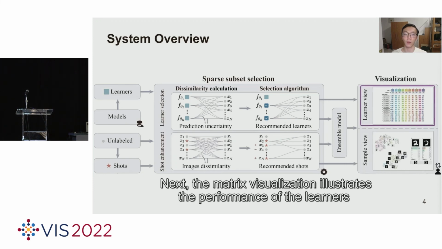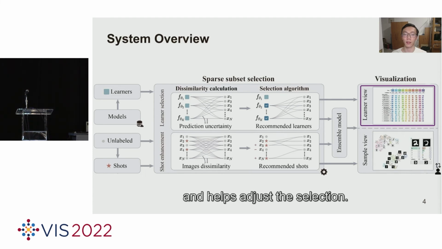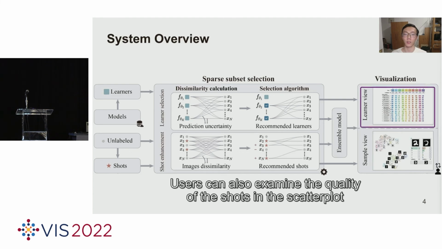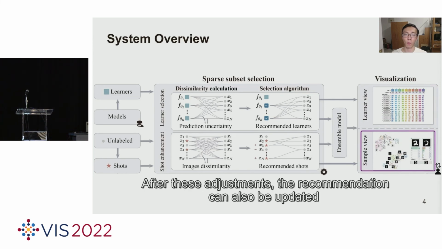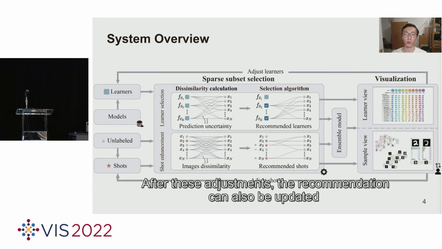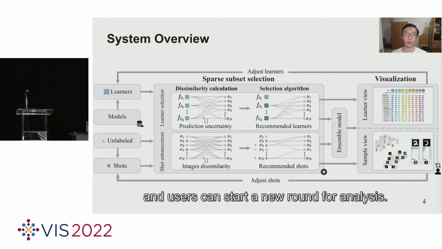Next, the matrix visualization illustrates the performance of the learners and helps adjust the selection. Users can also examine the quality of the shots in the scatter plot and replace the low representative shots with the high representative ones. After these adjustments, the recommendation can also be updated, and users can start a new round of analysis.